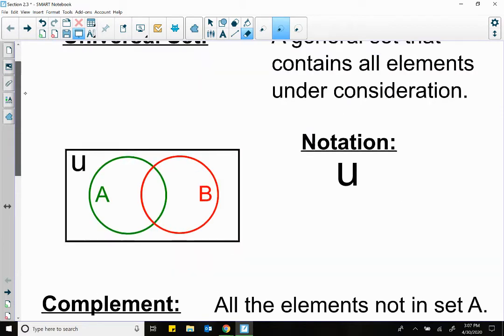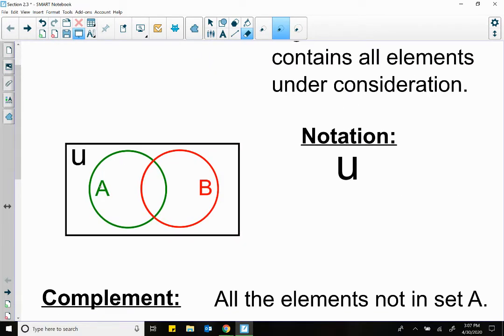Remember, when I went back up here, I said set A was all the students in Valencia that had glasses, and set B was all the students in Mr. Armstrong's college mathematics course. The intersection of that would be right in here. In other words, I would want to know who are all the students that have glasses and are in Mr. Armstrong's college mathematics course.